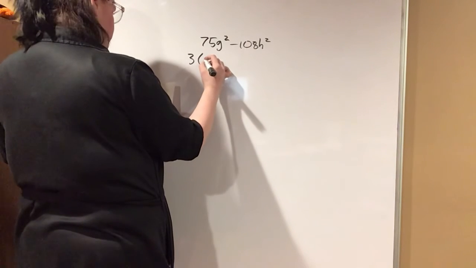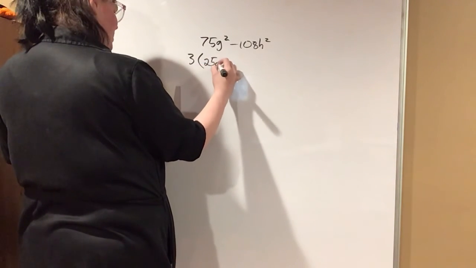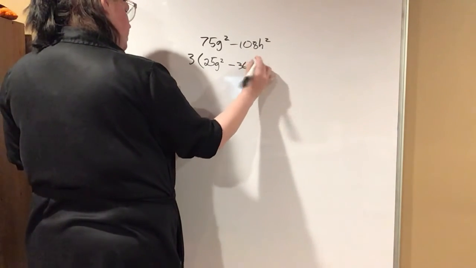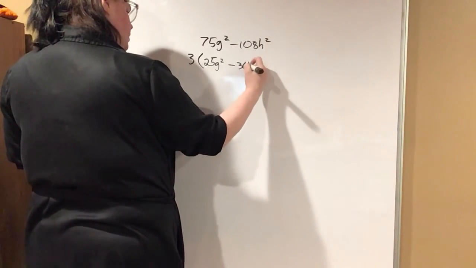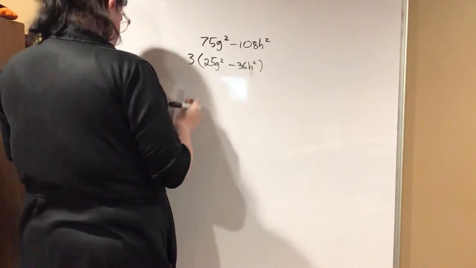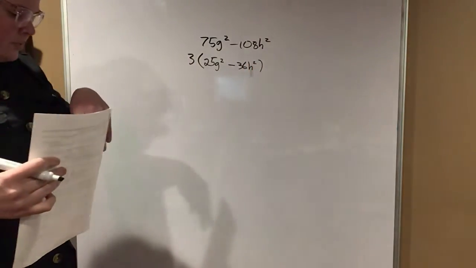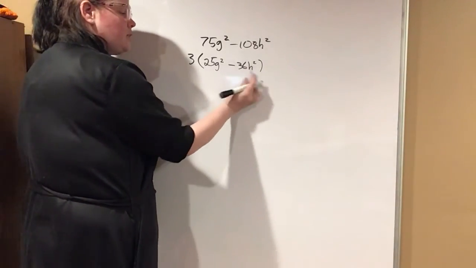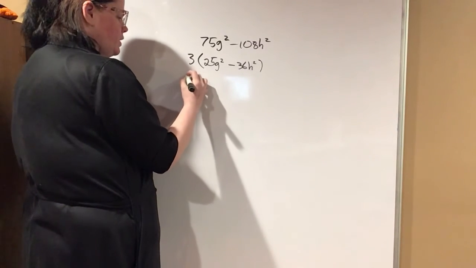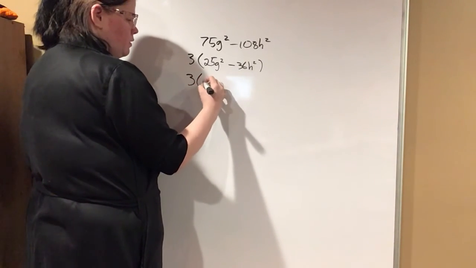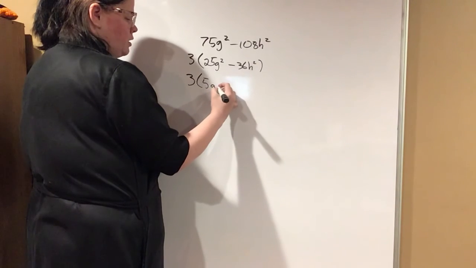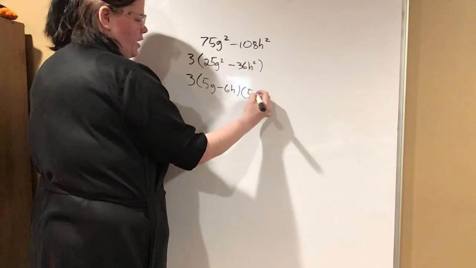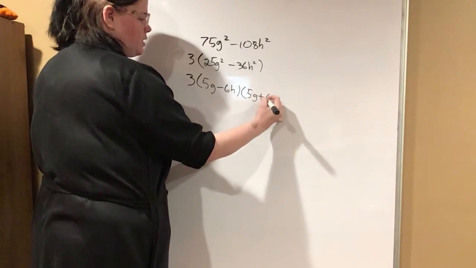And this is actually going to leave me with 25g squared minus 36h squared. Well, looking at this, this is a difference of squares. And we know difference of squares: 5g minus 6h, and 5g plus 6h.